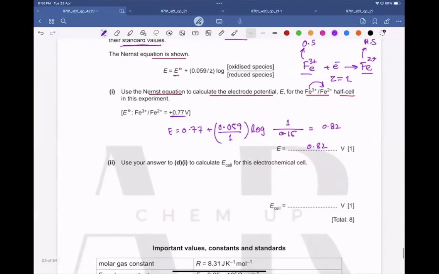Okay. Now what they are saying is, use your answer to D1 to calculate the E cell for this electrochemical cell. If you recall, the expression for the E cell is equal to E reduction minus E oxidation, right?